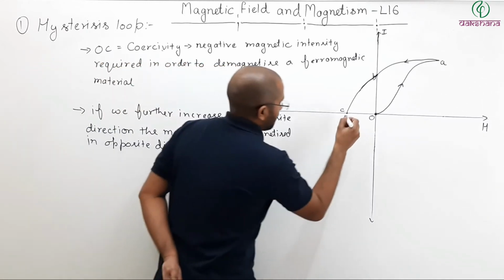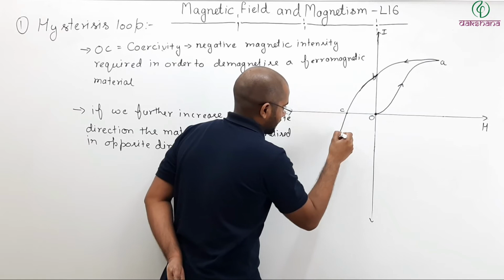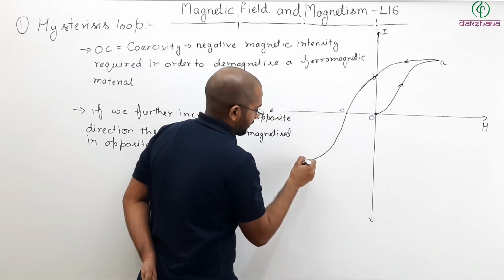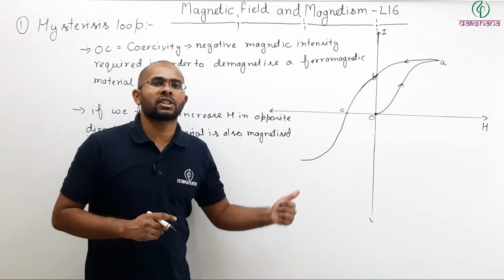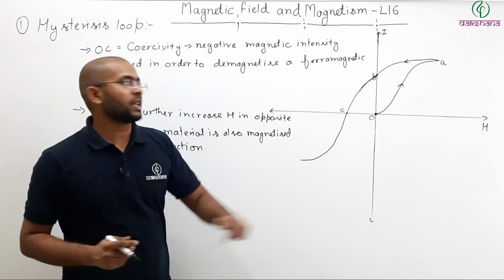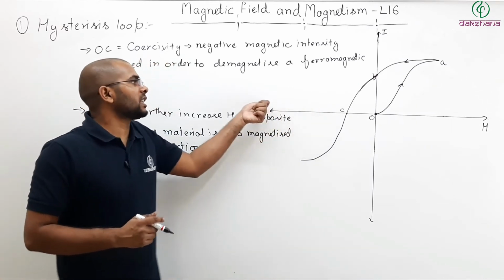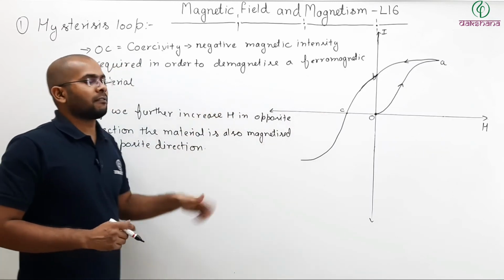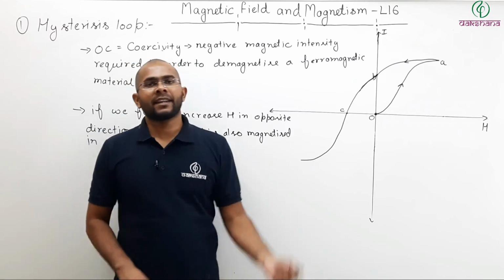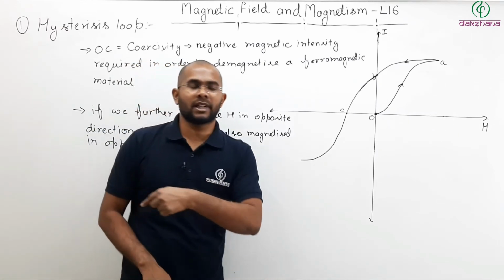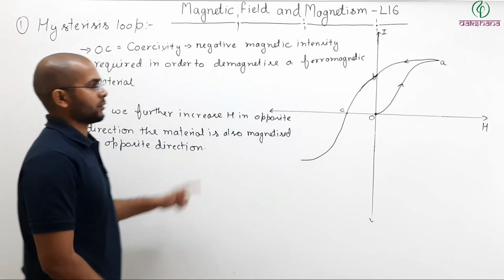It will occur somewhere like this, and after a certain point it will reach saturation in the opposite direction. Beyond that, if you keep increasing H in the negative direction, there will be no effect, because all the atomic dipoles are now aligned in the negative direction. Beyond that there is saturation.